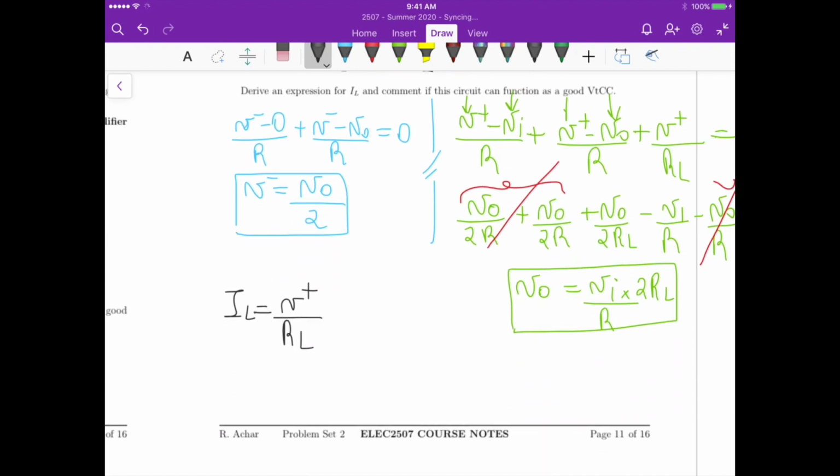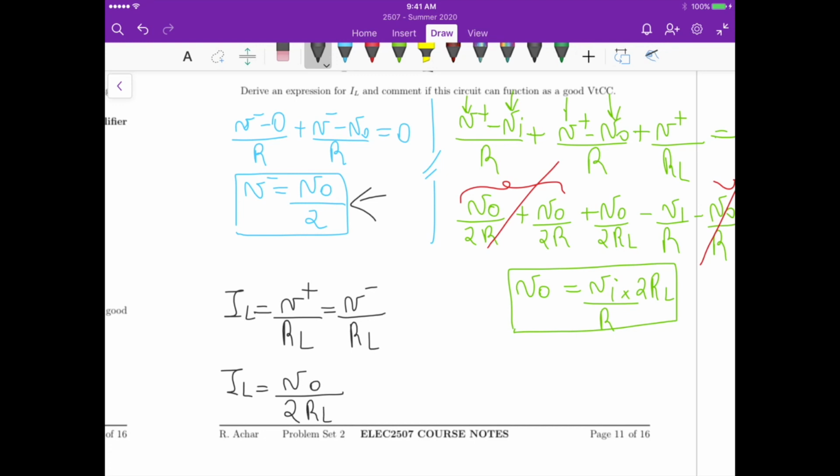That's IL. This is the same as V minus divided by RL, because we know that V plus is equal to V minus. We know that V minus is equal to V naught over 2. So IL is equal to V naught over 2RL.